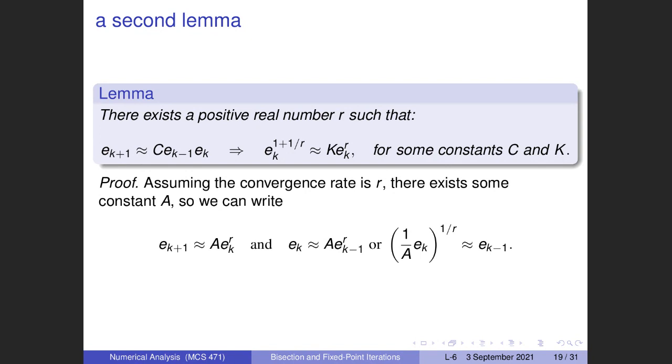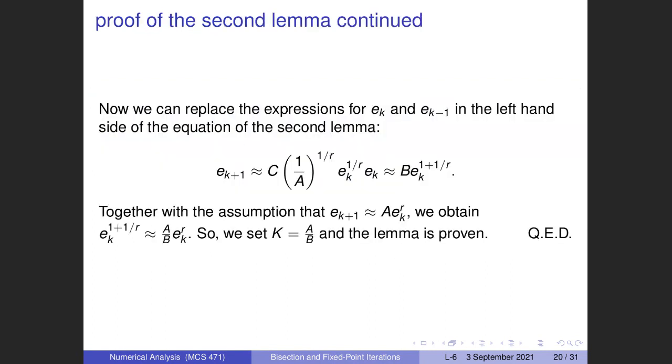I will not go through the proof here, which is essentially assuming that there is a convergence rate R, then this R needs to look a very particular way.